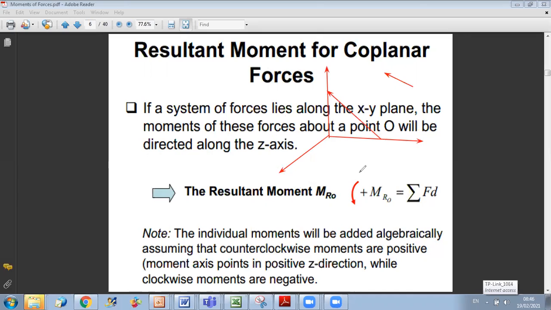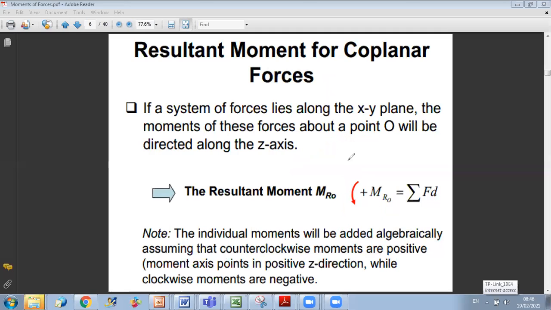You can say, I will consider the counterclockwise moment as positive. So any moment in the counterclockwise direction will be counted as positive, and any moment in the clockwise direction will be counted as negative. So the individual moments will be added in an algebraic way, assuming that the counterclockwise moments are positive. And you can use any convention you want.